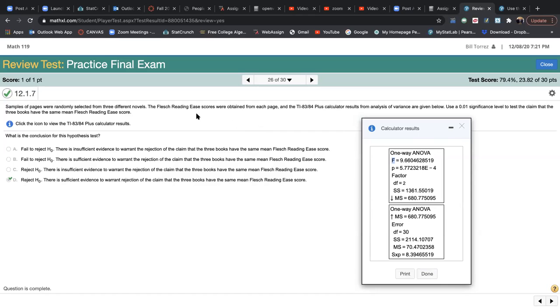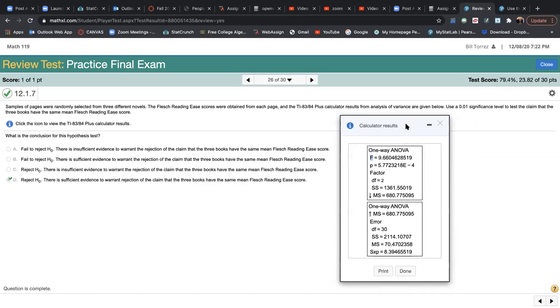And the alternative would be that 1 or more of these scores are different, okay? So notice that in the results, based on the TI-83/84 calculator, F is reasonably large and P is small, okay?